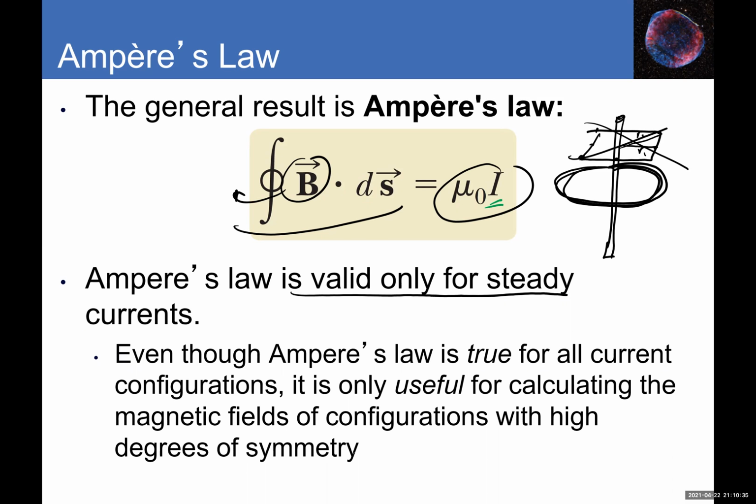Also, I should point out that this current here can be thought of as a net current, because you might have two wires, or maybe three wires. If all of them are in the same direction, you simply add them together. If one of them is in the opposite direction, then you subtract. Anything that's up or out of the page is positive. Anything that's down or into the page is negative.